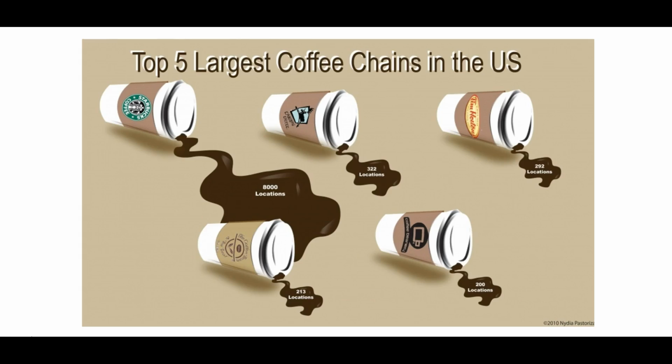It is displaying the top 5 largest coffee chains in the U.S. You will see that it highlights Starbucks as the number 1 largest coffee chain in the United States with 8,000 locations. This infographic is comparing it with 4 other chains and showing the number of locations each have.